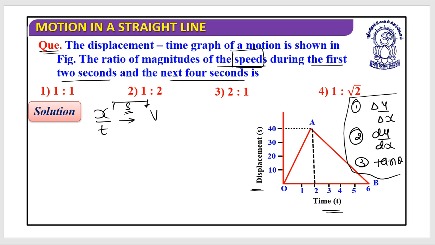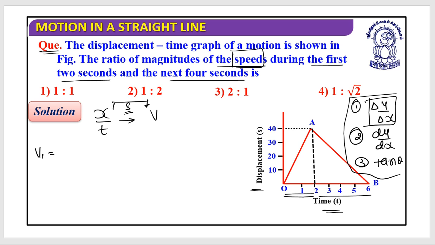You need to find the speed in the first 2 seconds and the speed in the last 4 seconds. Yes, you can choose delta y by delta x. So let's say v1 is the velocity of the first 2 seconds.